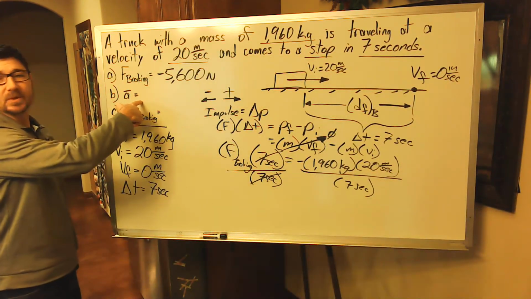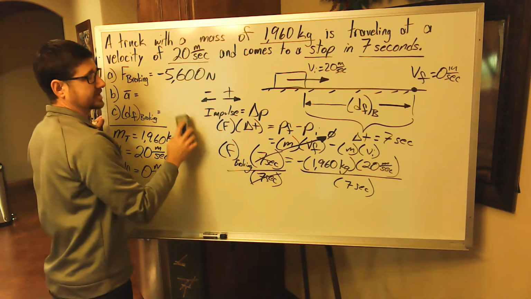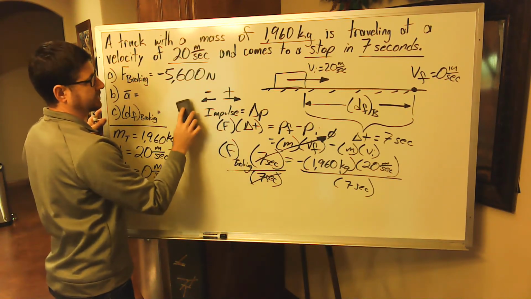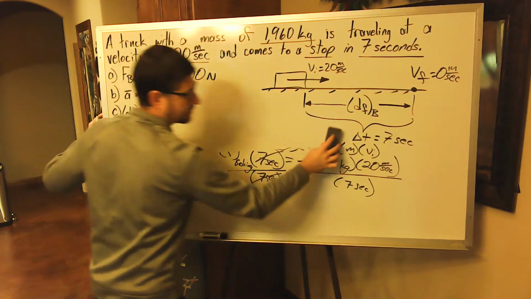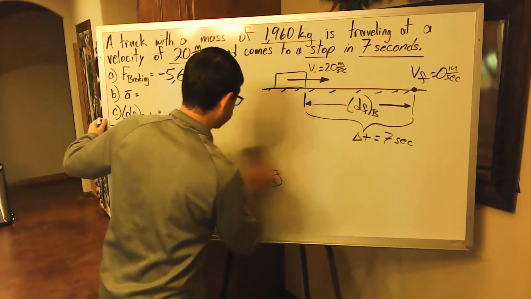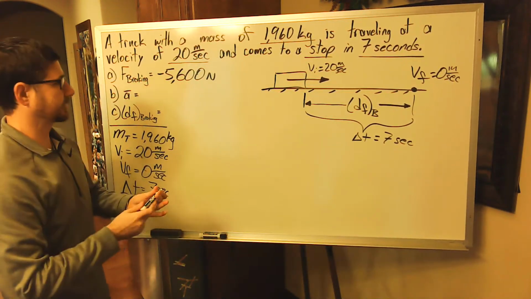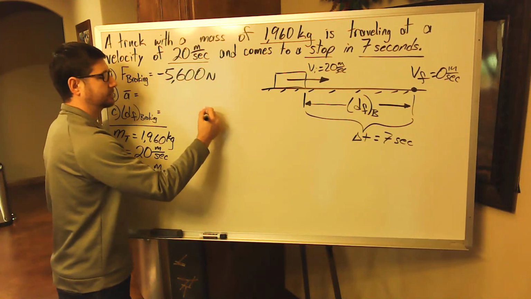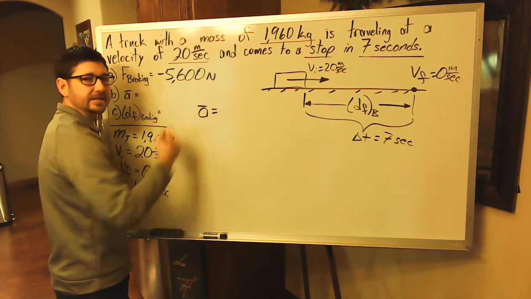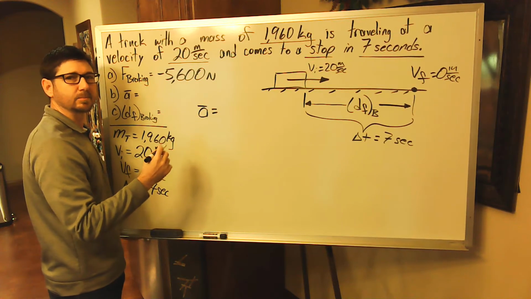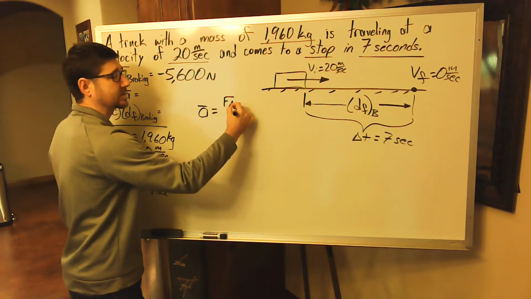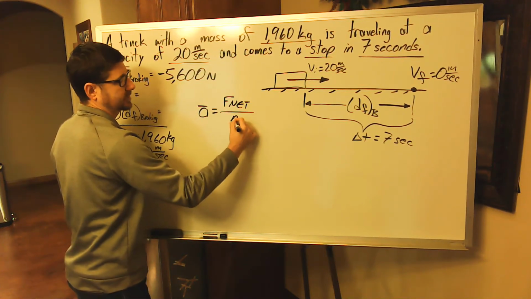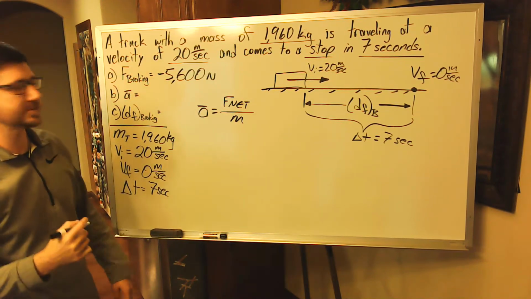Part B wants us to calculate the acceleration of the object using Newton's second law of motion. We know that Newton's second law says the acceleration of an object is directly proportional to the net force applied to the object and inversely proportional to the object's mass.